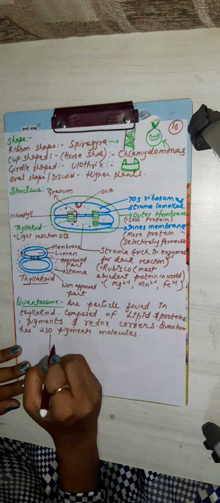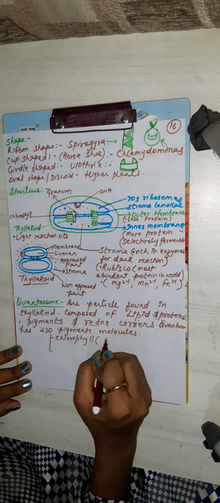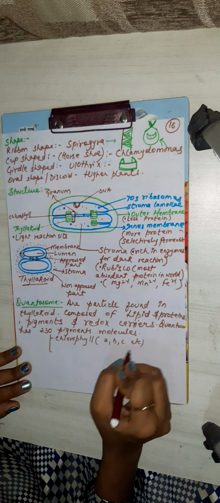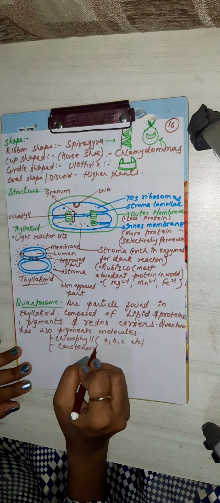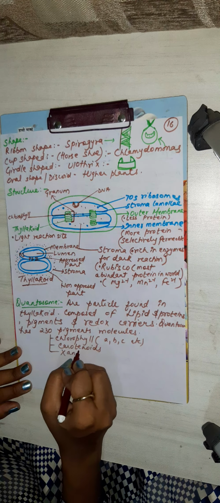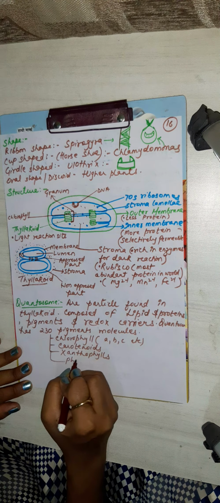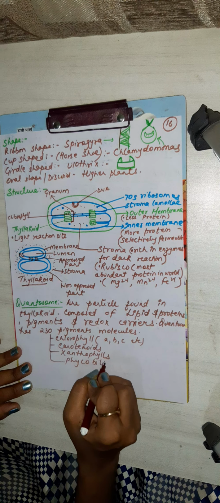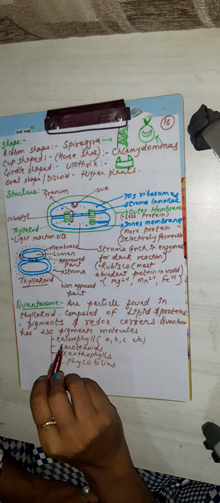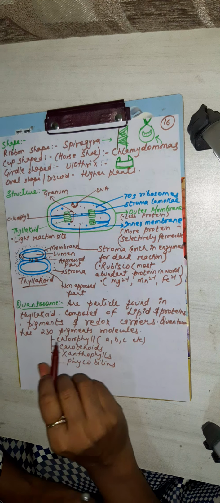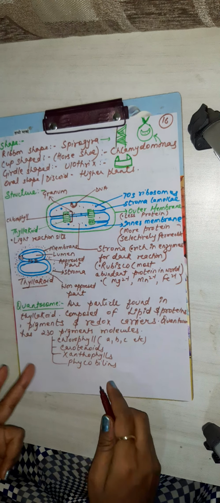It includes chlorophyll A, B, C, etc., carotenoids, xanthophylls, phycobilins. So quantosomes actually में क्या होते हैं? Pigments. They form pigment systems, and you can say photosynthetic unit, and they are found in thylakoid, and are composed of lipids, proteins, pigments. I have written redox carriers.